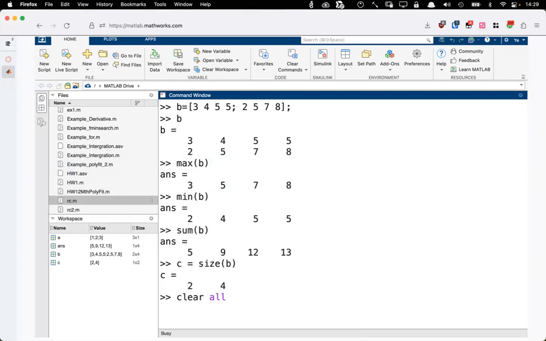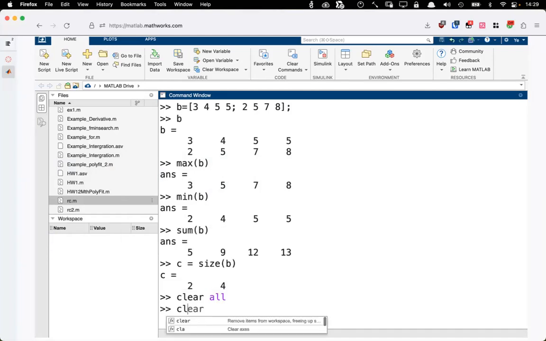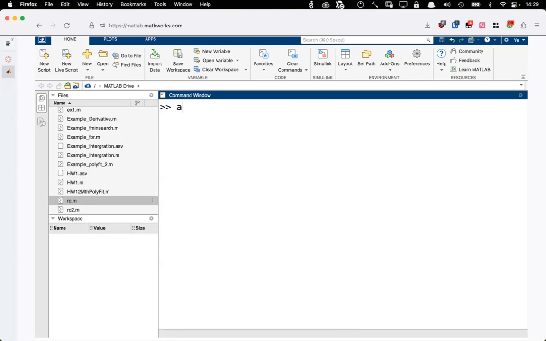Clear everything, so you can use clear all, then clc. A equals 1, 2, 3, 4, 5, 6, 7, 8. So we know this is a 2 by 4 matrix.